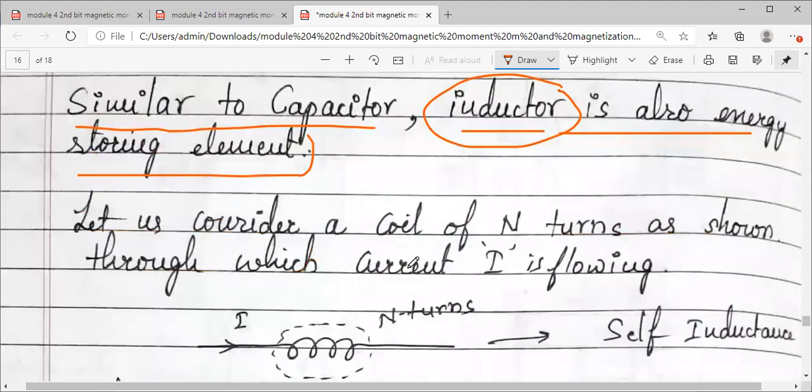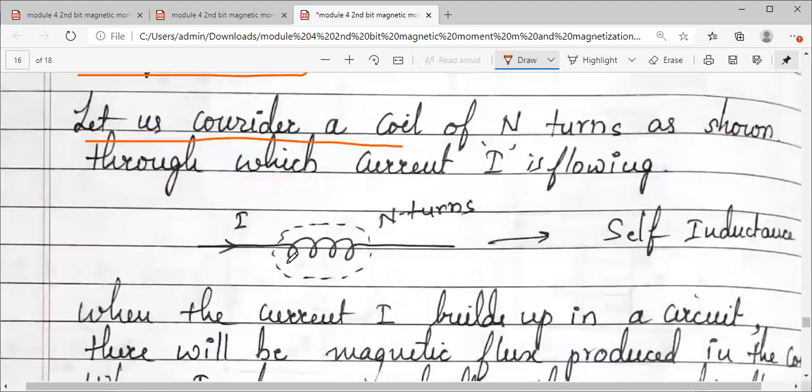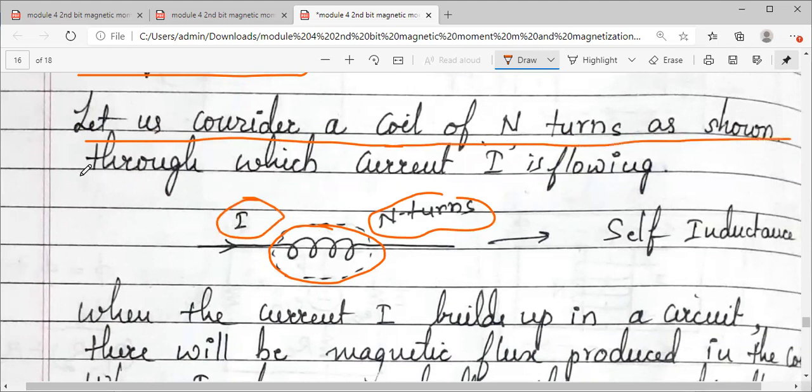Fine. So let us see some equations related to the inductor. Let us consider a coil, as shown here, of n number of turns, through which a current I is flowing.